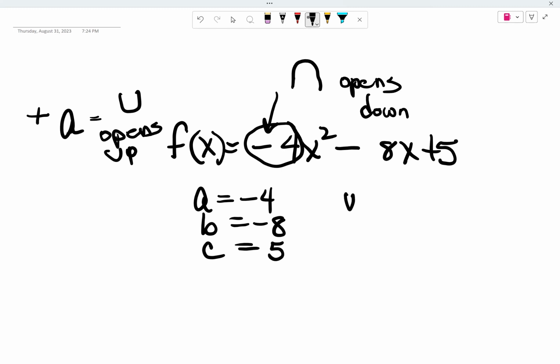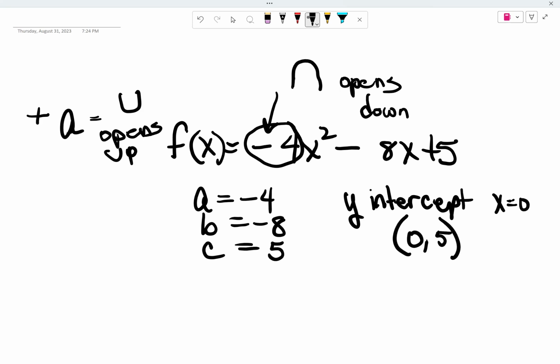The y-intercept we can find really, really easy, by the way. In the y-intercept, remember that x is equal to 0. If x is 0, then the intercept in this case has to be 0, 5. That's given to you. That's easy.